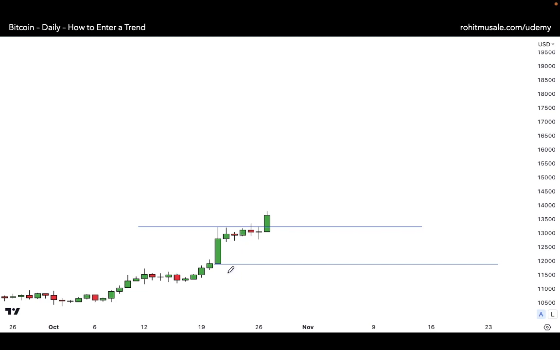That's very important. So what's the psychology behind this pattern? The psychology is very simple. The market has started to go up, so the bulls have taken control over the market. Suddenly there is a rush of more bulls in the market, after which the price begins to consolidate. Maybe people are booking profits here.